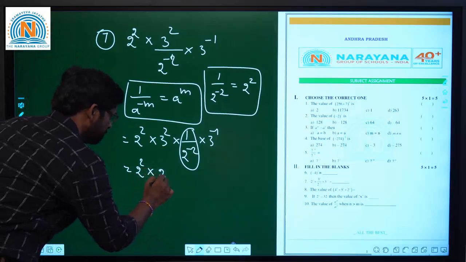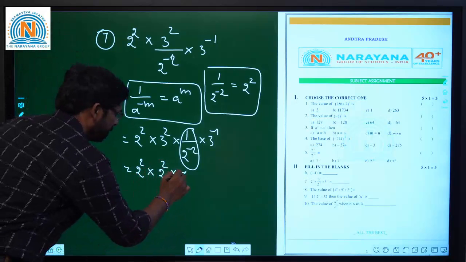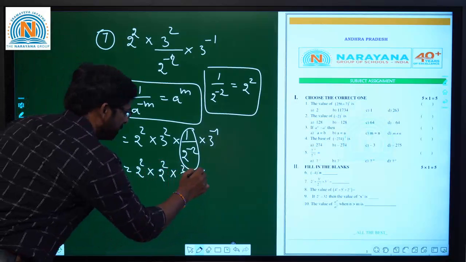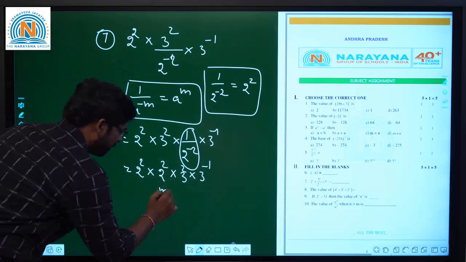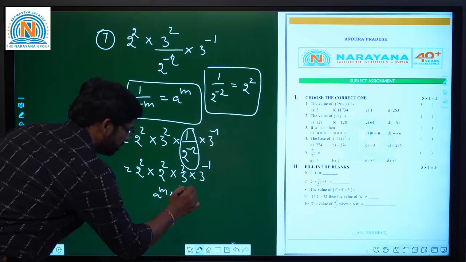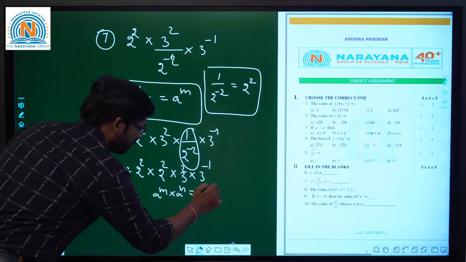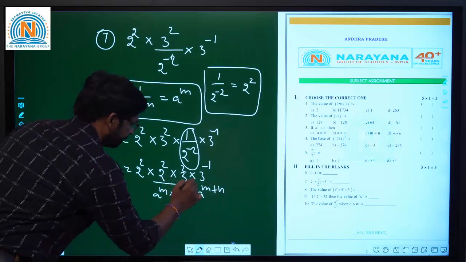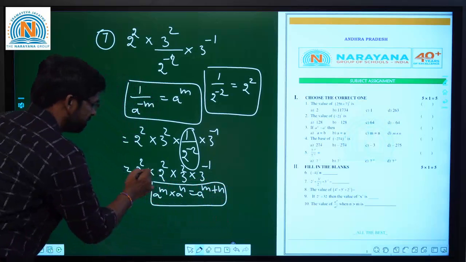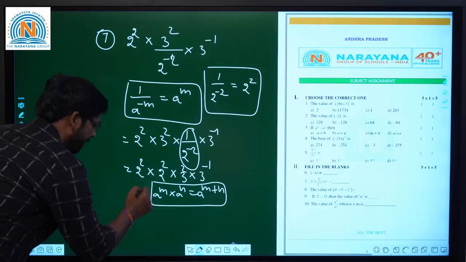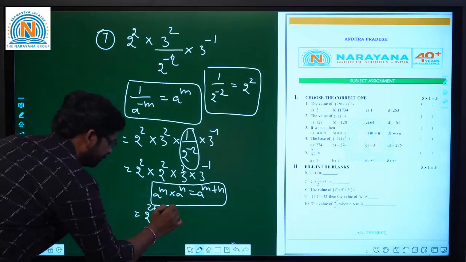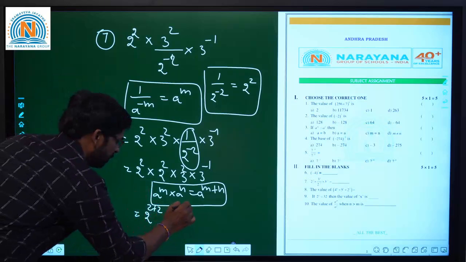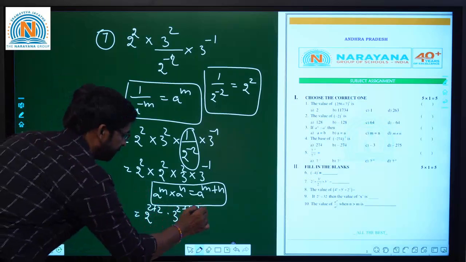So it can be written as 2 square into 3 square into 3 to the power of minus 1. So another useful form is a to the power of m into a to the power of n, that is a to the power of m plus n. As bases are equal, powers must be added. 2 to the power of 2 plus 2, 3 to the power of 2 plus of minus 1.